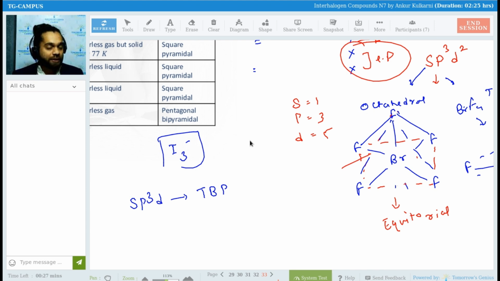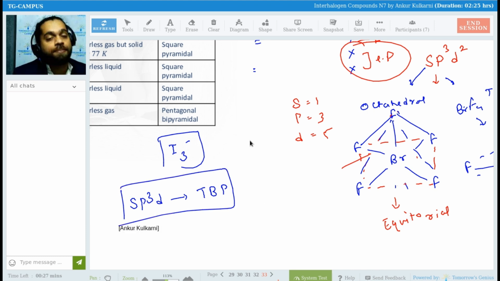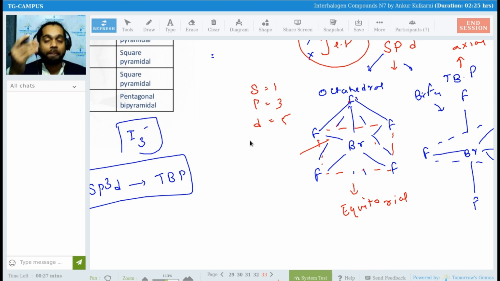Those who have not got it, calculate it. You will get sp3d for I3 minus. Now apply our rule of TBP: first elements where we will draw, and tell me the shape of I3 minus. Perfect.